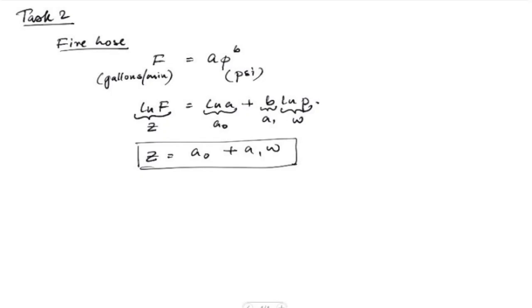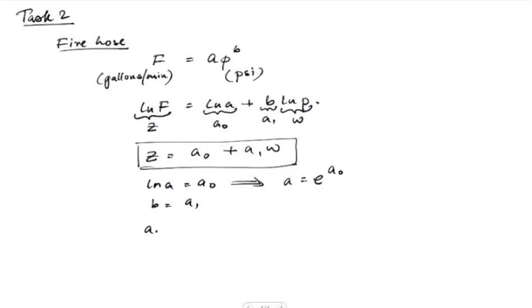Let's write down the formulas to find the values. We have ln A equals A0, which means A equals e to the power A0, and B is directly A1, so we don't need to do anything for that.